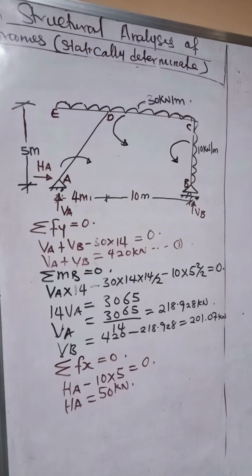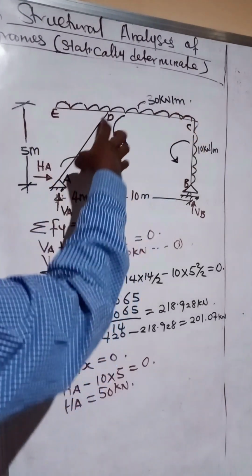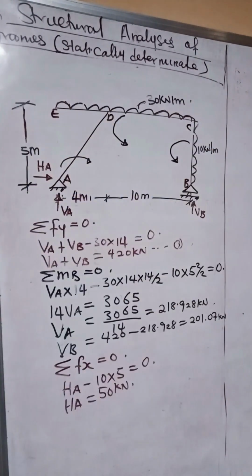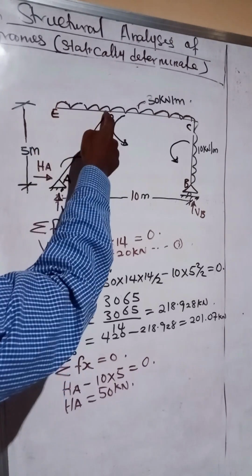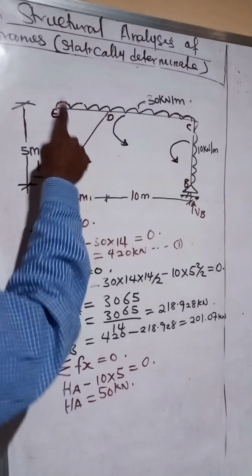Now, having gotten HA, the next thing we are going to do is to start obtaining the bending moment of this particular frame. In doing that, the first thing we will need to do is to split the frame into three components. Take note that from here to here is 4 meters, where we have a cantilever of about 4 meters.